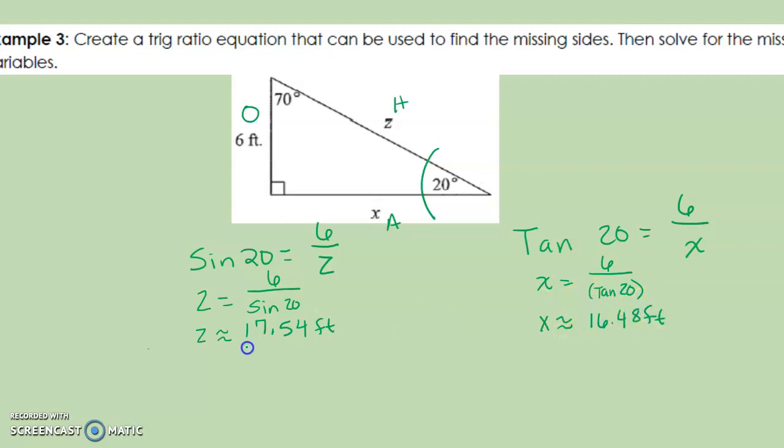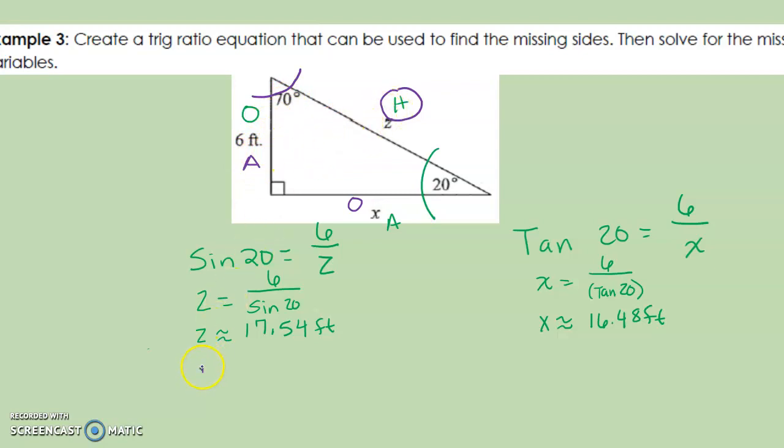Okay, well, if we change the angle of interest, let's say we're going to make 70 our angle of interest. Our hypotenuse stays the same, but now this becomes our opposite and this becomes our adjacent. So let's solve for z using 70 as the angle of interest. So that means I have the adjacent and I'm looking for z, which is h, so a and h.